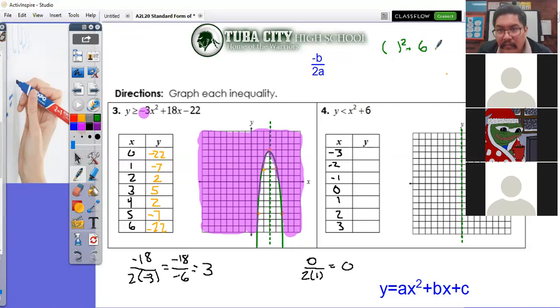So x squared plus 6. So we only have to plug in one number, -3. So -3 squared is 9. 9 plus 6 is 15.